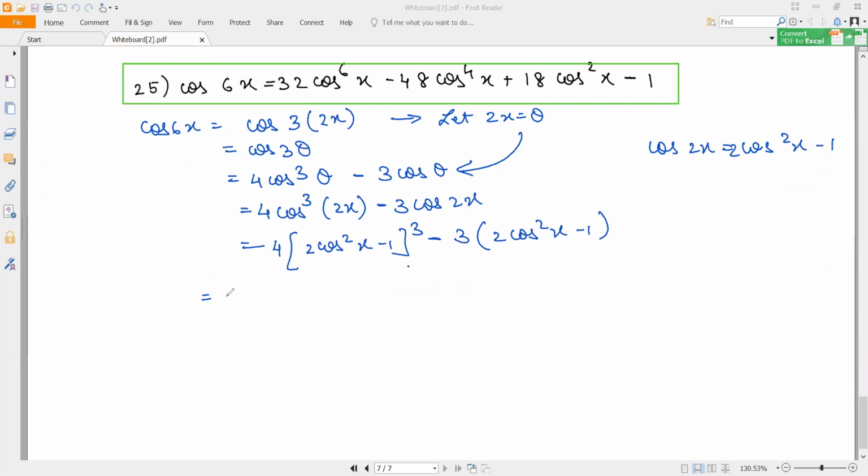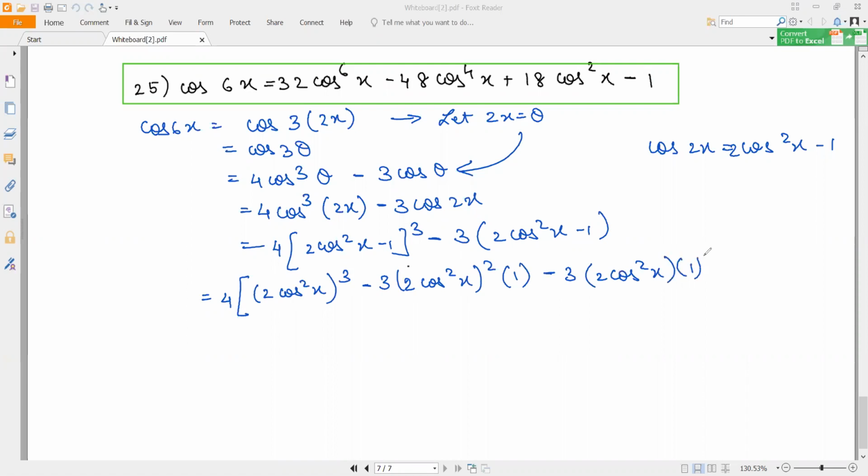So a minus b whole cube is a cube minus 3 times a square b plus 3 times a b square minus b cube. Here a is 2 cos square x and b is 1, so this should be minus 1 cube, minus 3 into 2 is 6 cos square x plus 3.